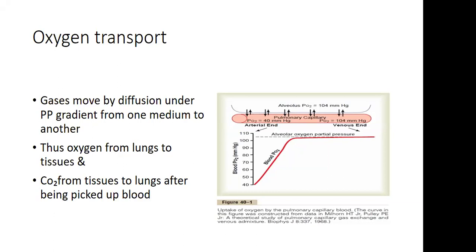In this way, oxygen from the lungs is sent to the tissues, and carbon dioxide from the tissues is brought back to the lungs after being picked up by the blood in the tissues.